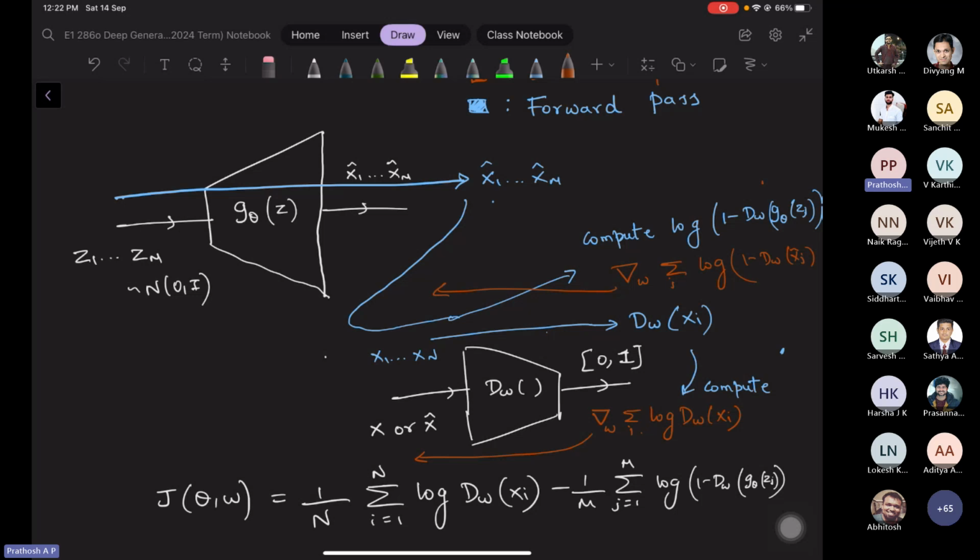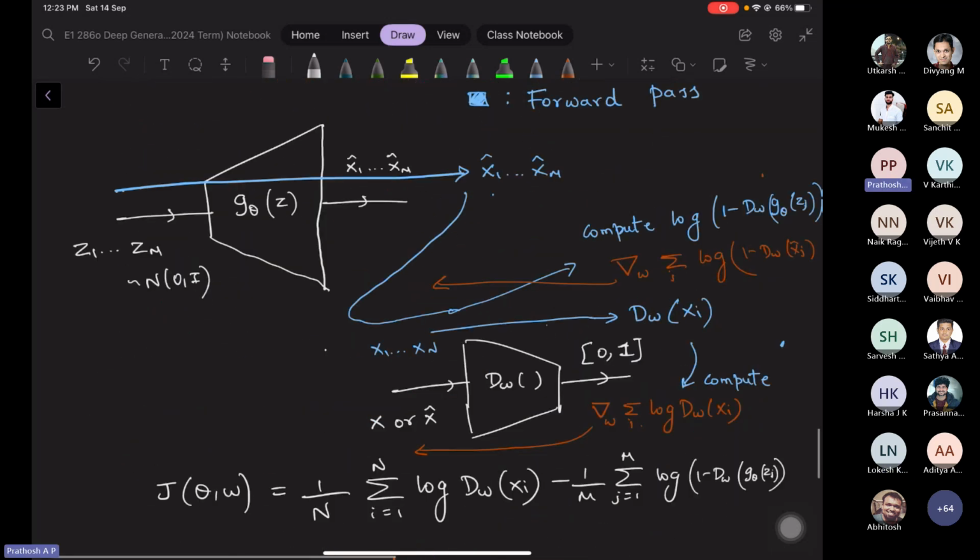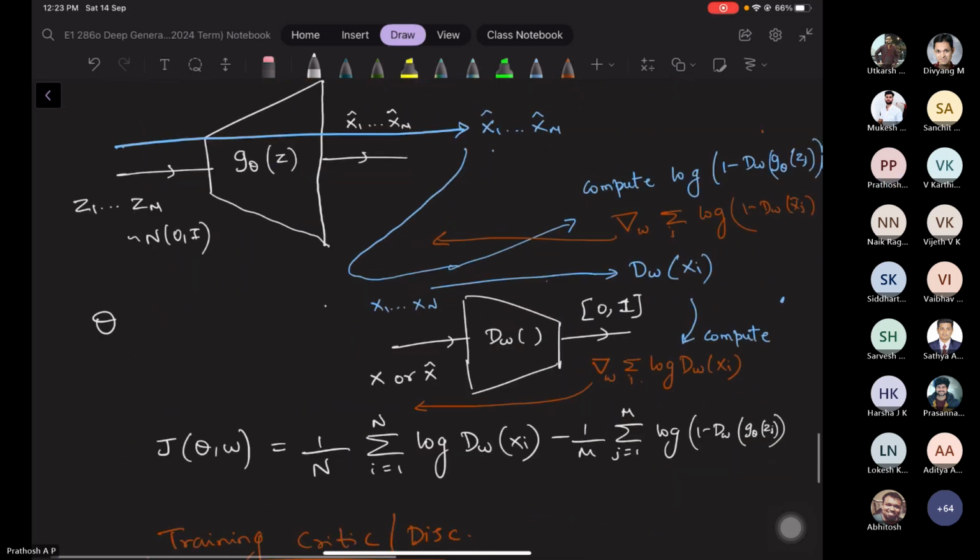So now in this entire thing, see, w is kept fixed. Okay, so here theta is fixed.